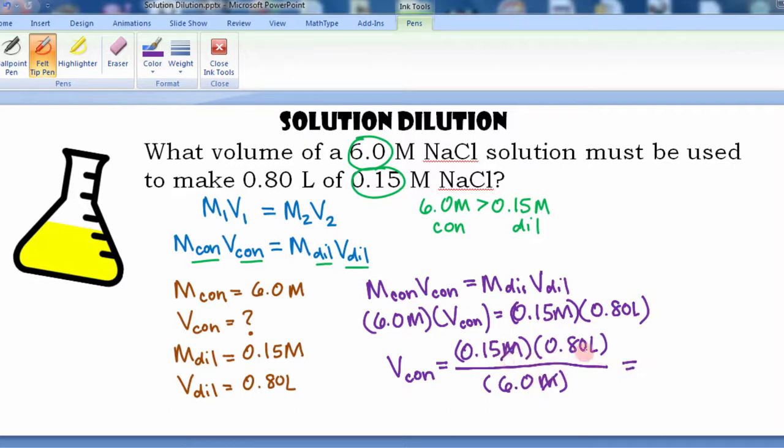Our molarities cancel, leaving us with the unit of liters.